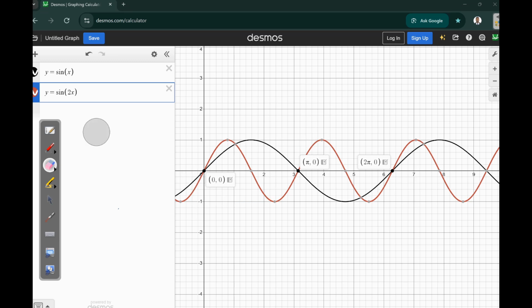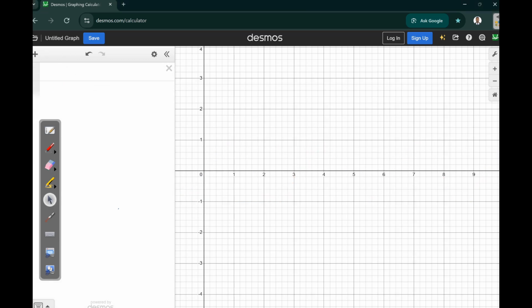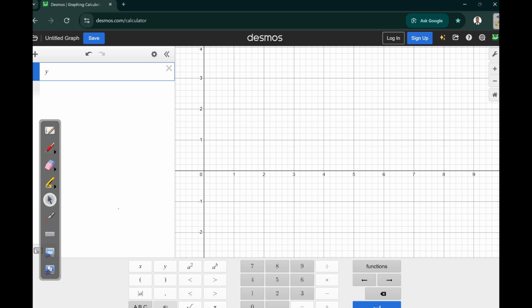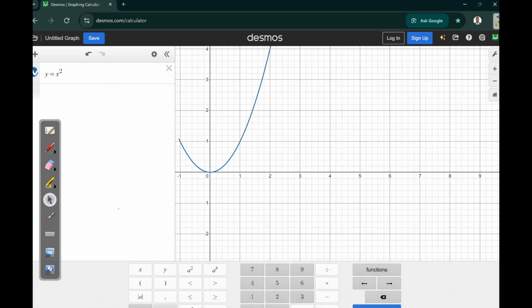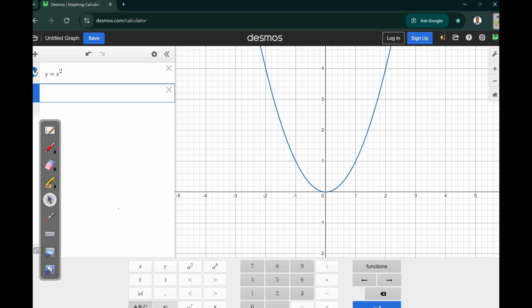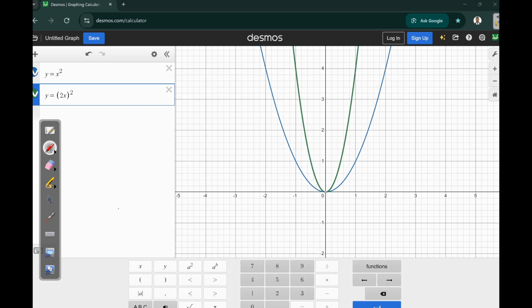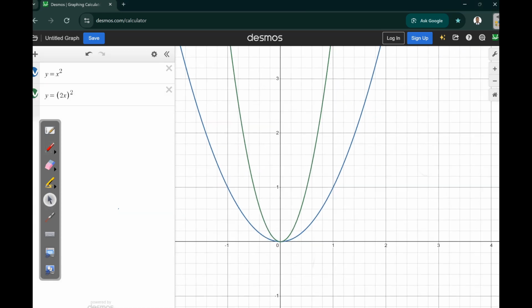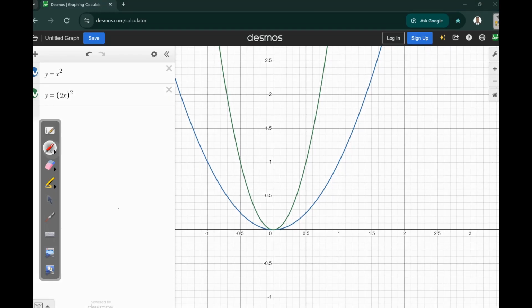When I go back to the quadratic one, we have y equals x squared. That is our graph. And then we also have y equals 2x, then squared. So it diminishes, you can see. Let me zoom a little bit. For the same y coordinate, let me use red.